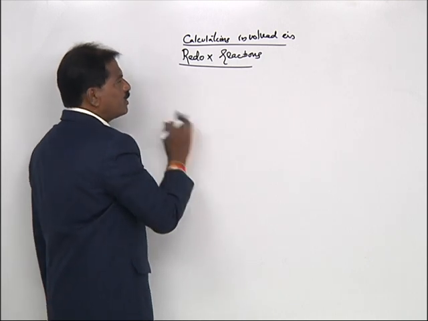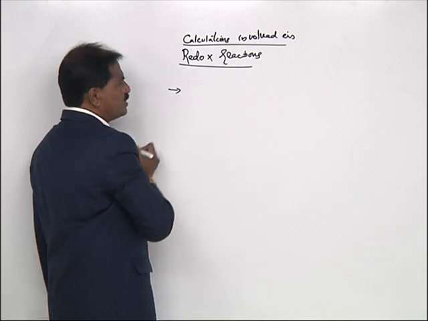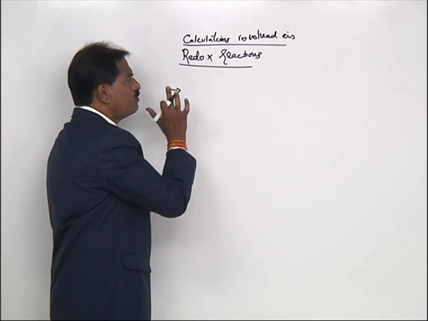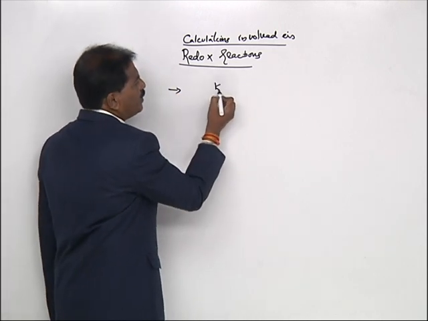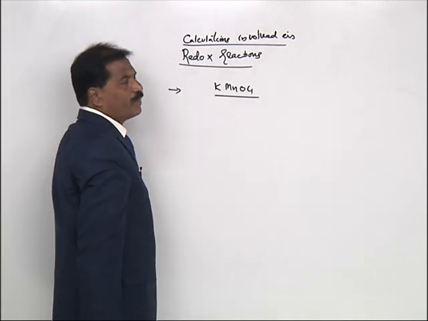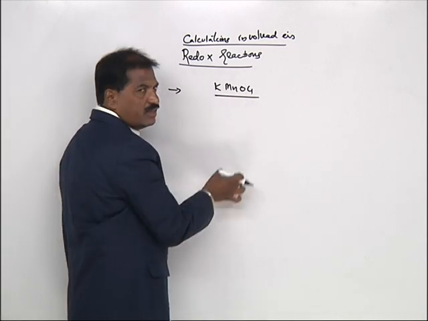So, in all the redox reactions, first you identify the valence factor or N factor, or change in the oxidation state of every reactant species. For example, let us take KMnO4. When KMnO4 participates in reactions, it will always gain electrons.